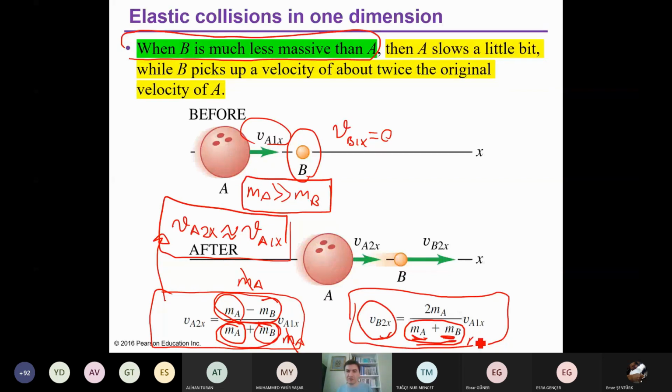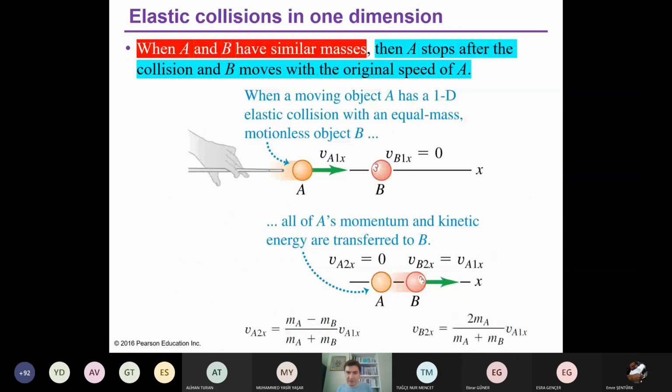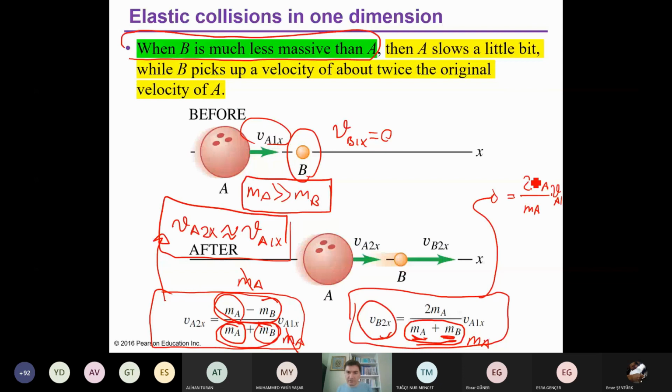So this equation will be like this: 2MA over MA times VA1x. This MA will cancel this one, and the final velocity of the B ball will be roughly 2 times bigger than the initial velocity of the A ball.